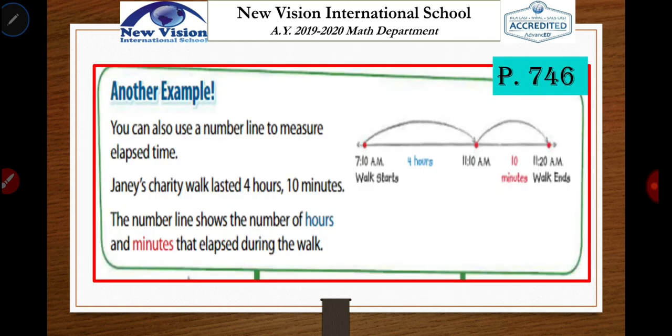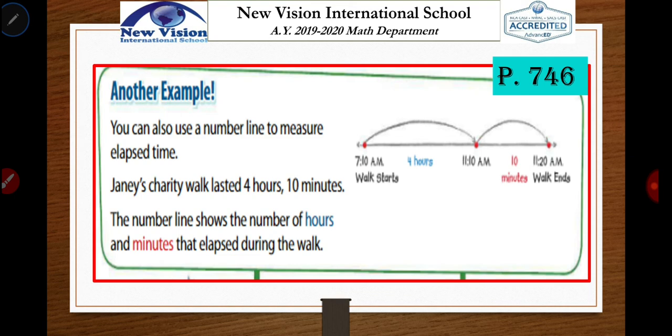All right, so on page 746 of your book, we have another example. You can also use a number line to measure elapsed time. As you can see, you have here a number line. Jane's charity walk lasted 4 hours, 10 minutes.